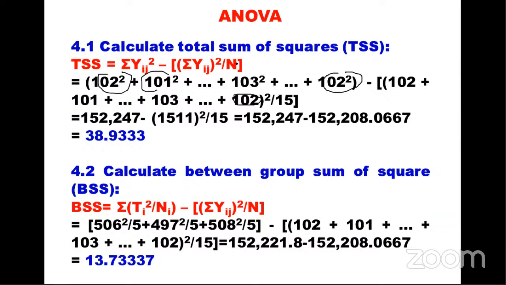This is the first group, this is the second group, and this is the third group. So square of observations, sum, minus CT. CT is this, and it comes to 38.933.